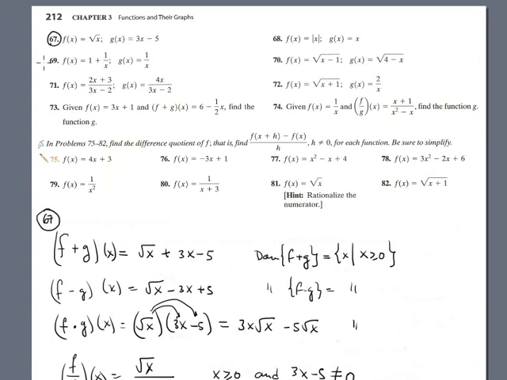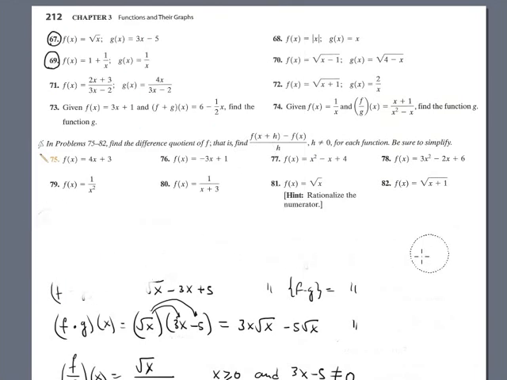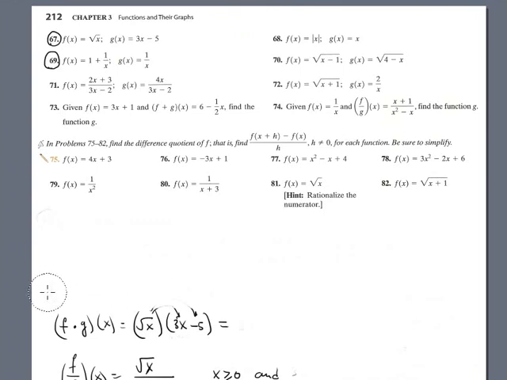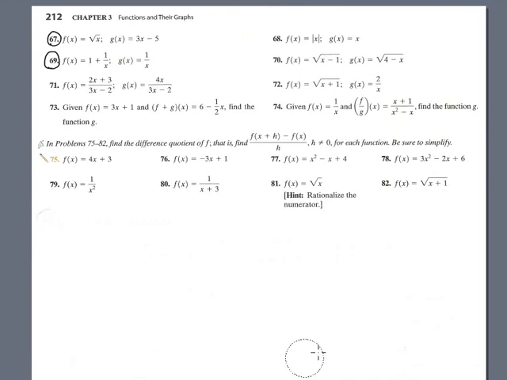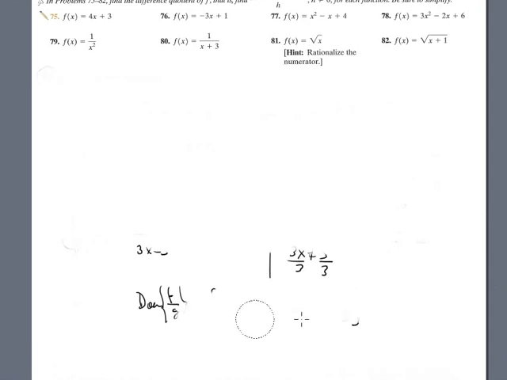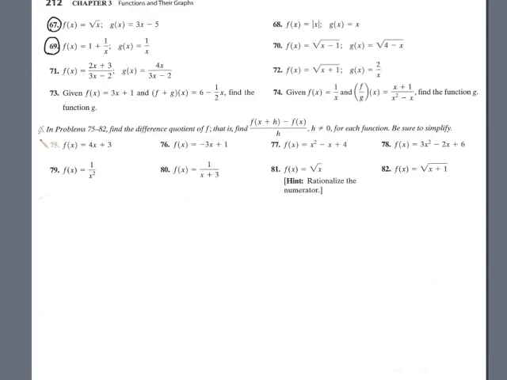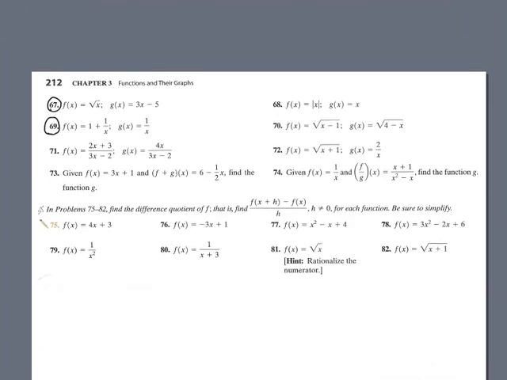Now 68. Okay, again, compute f plus g. It is 1 plus 1 over x plus 1 over x.